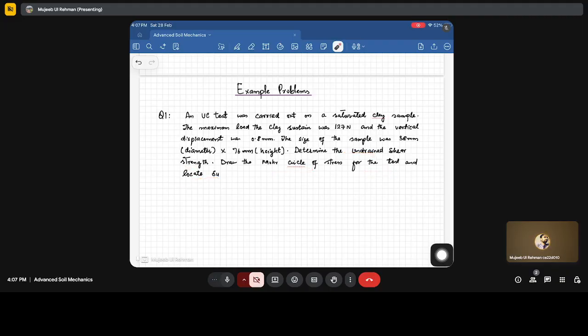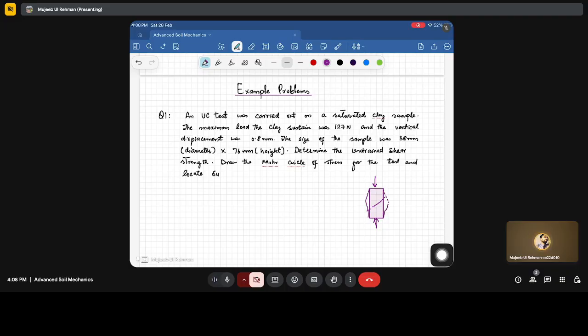Now, what has been told? You have a UCS test. For example, this is the soil sample. You are loading it from here, and it will get compressed. What will happen during this test is that there is a chance it will get bulged up because there is no confinement.